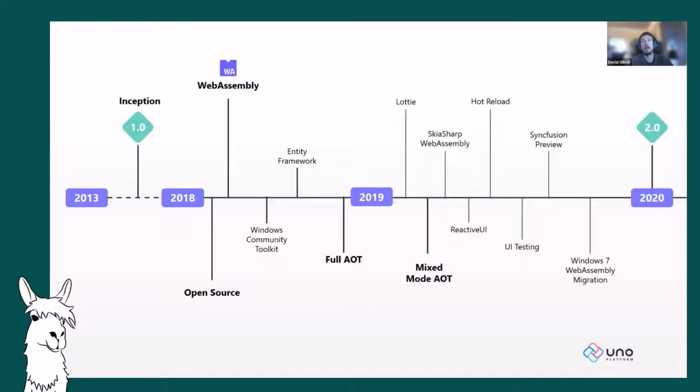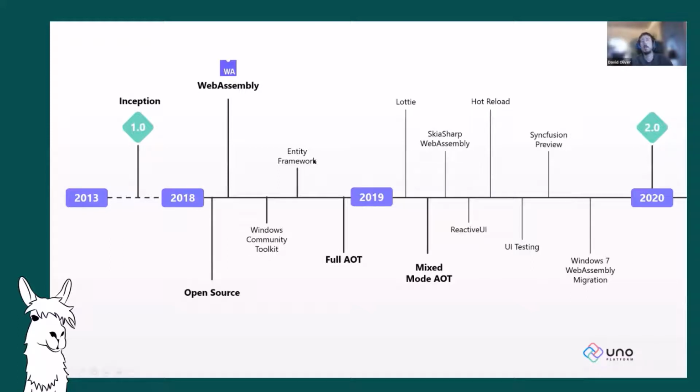And we saw that .NET was being, well, at the time, Mono was being brought to WebAssembly by the Xamarin team. And we thought, let's try and run Uno in the browser. So we got Uno running in the browser using WebAssembly, and we open sourced Uno at the same time.